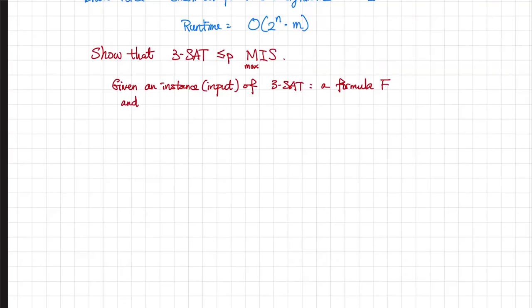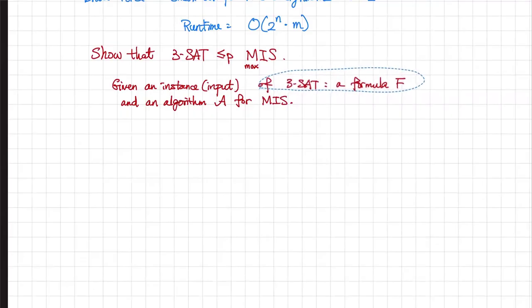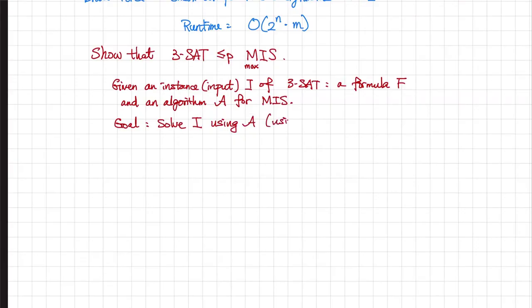And we are also given, or assume we are given, an algorithm A for MIS, for the input, let's call it I. Now, the goal here is to solve our input using this algorithm with maybe some extra polynomial work.